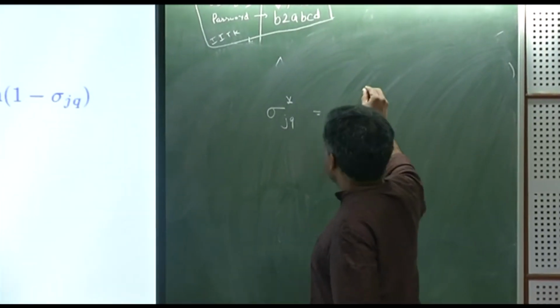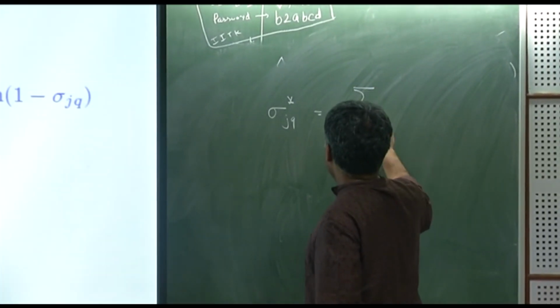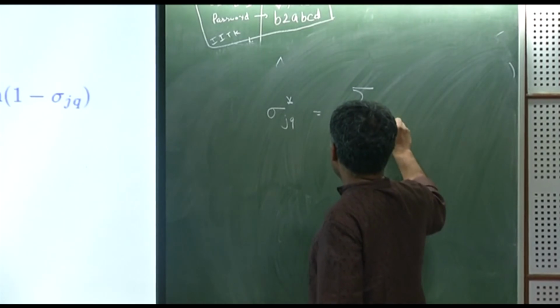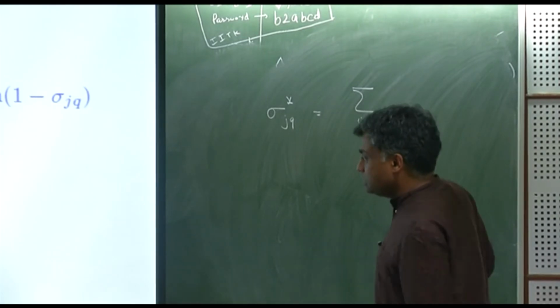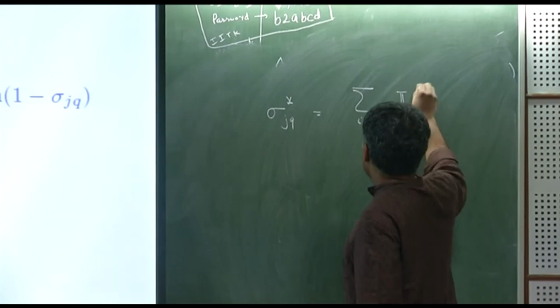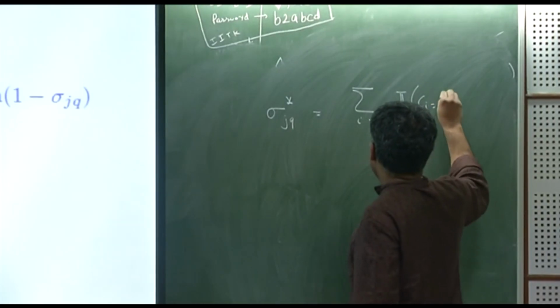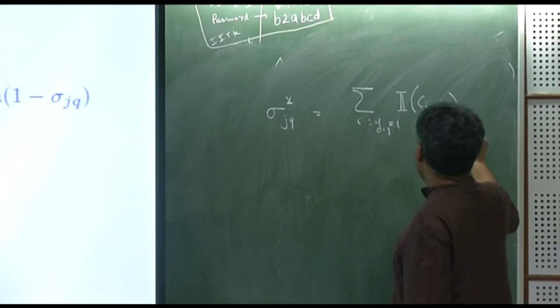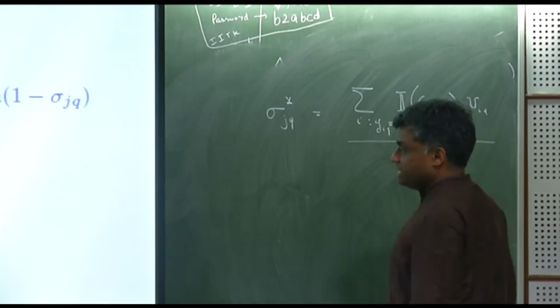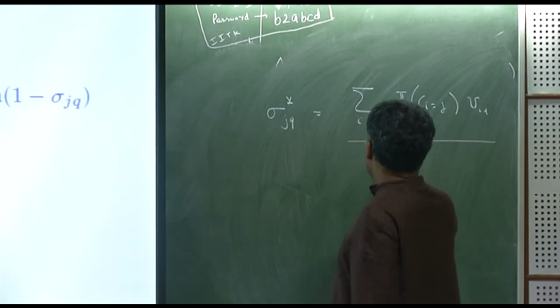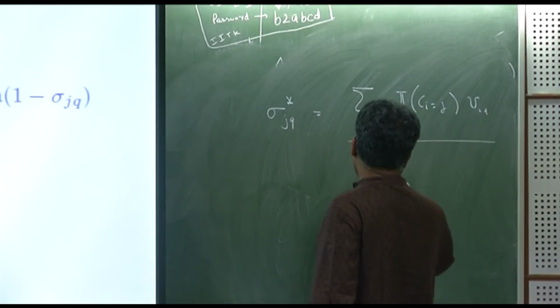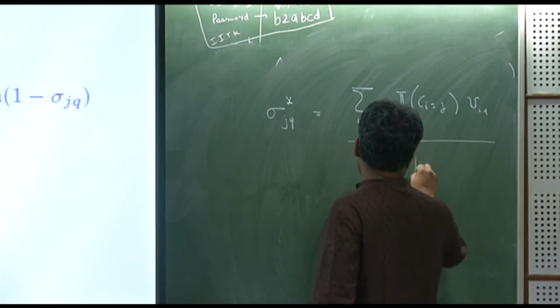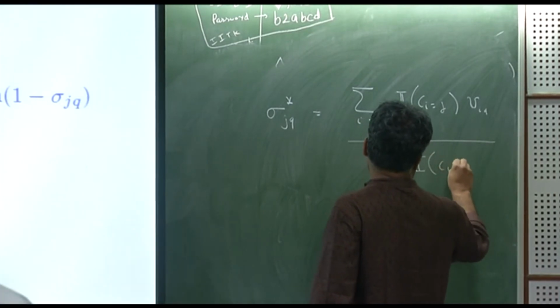That is going to be the summation over I such that YIQ equals 1, that you answered the question, the indicator function that CI equals J, VIQ, divided by summation over I, YIQ equals 1, indicator function CI equals J.